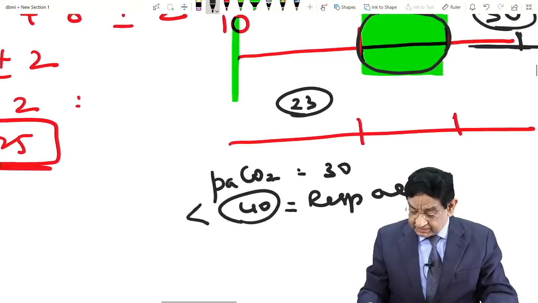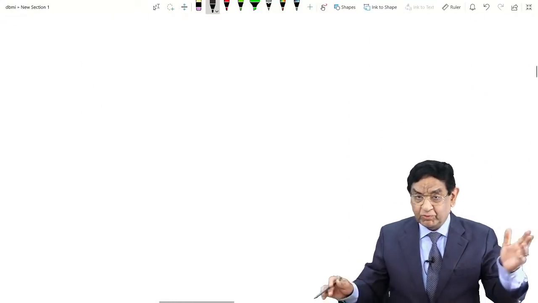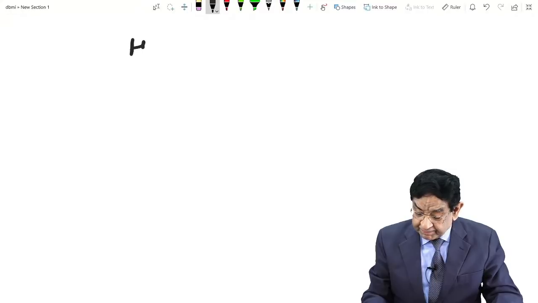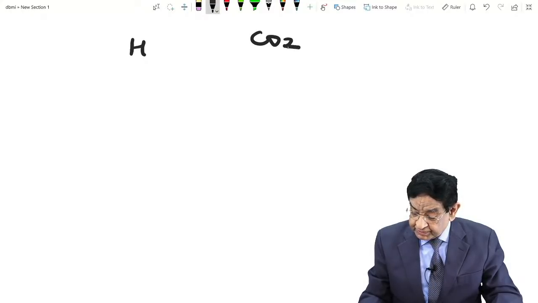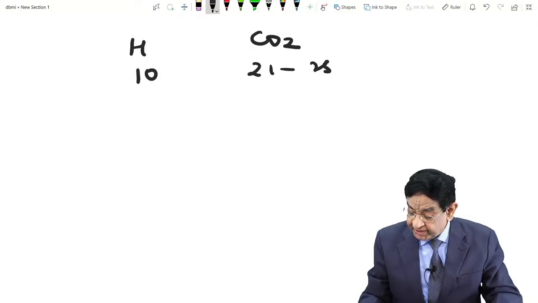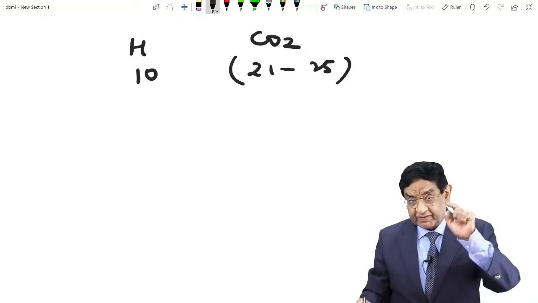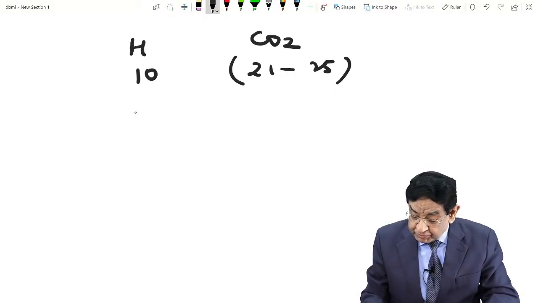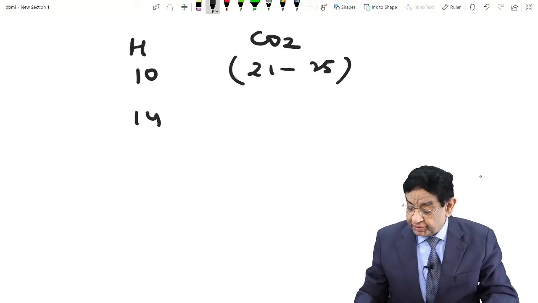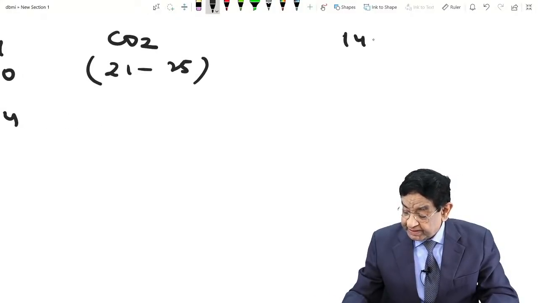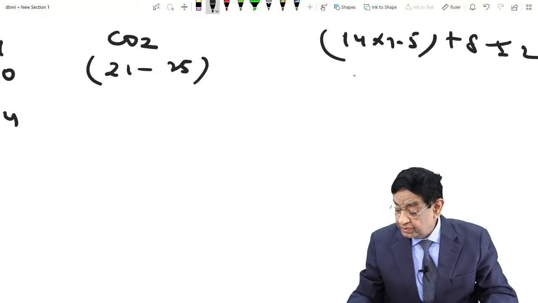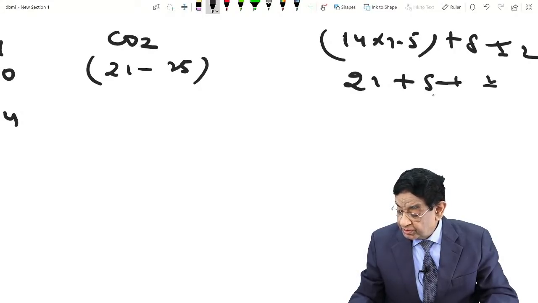Let's give some more examples. Bicarb, suppose this is 14. We want the CO2 in the compensated range, so we calculate as per Winter formula. 14 multiplied by 1.5 plus 8 plus minus 2: this becomes 21 plus 8 plus minus 2, which is 29 plus minus 2.